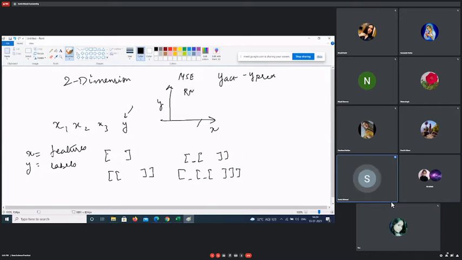Now when I am calculating root mean square error, then what will happen? It will be taking the root of this.